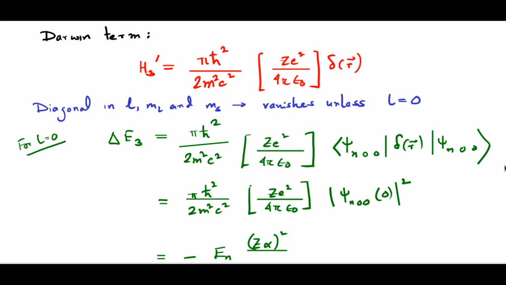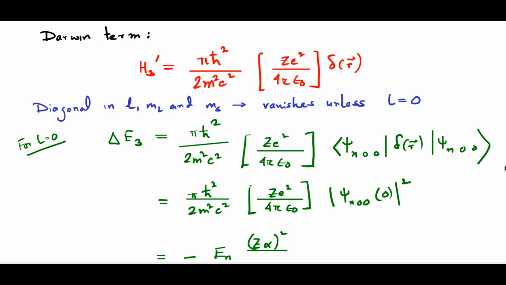Now this last piece is because the delta of r vector can only pick out contributions from a wave function at r equal to 0, and only l equal to 0 wave functions can have a non-zero value at r equal to 0. This, remember, follows from the centrifugal potential barrier term, which forces the wave function to vanish at the origin whenever l is not equal to 0.